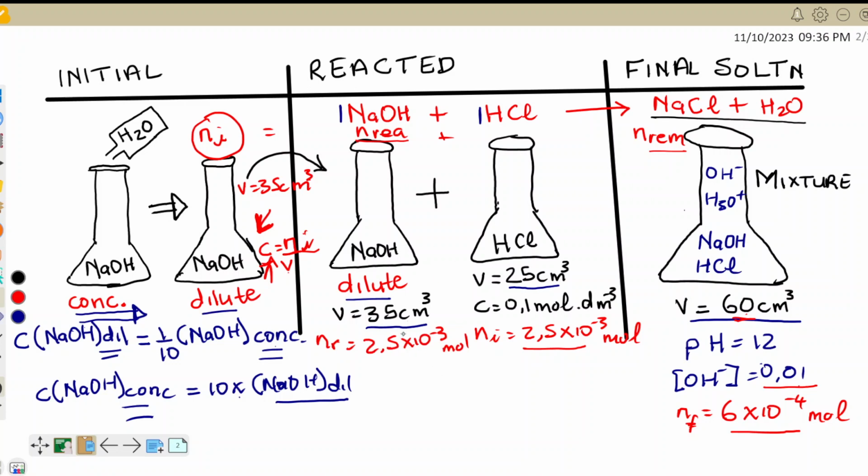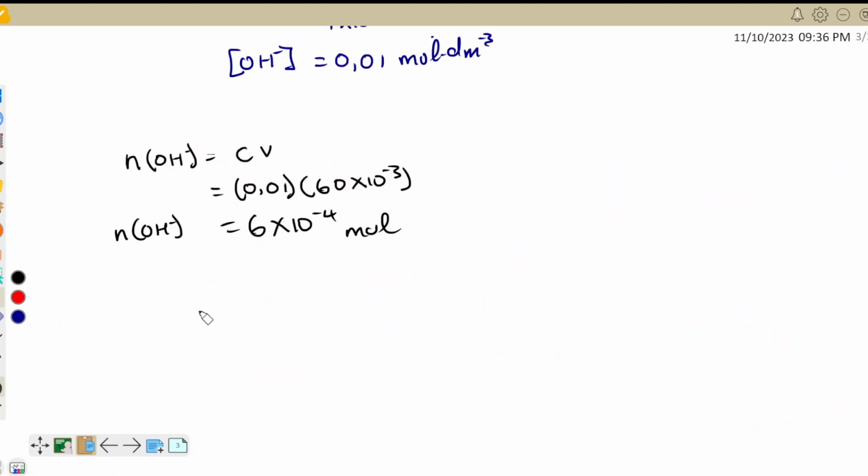So the number of moles is 2.5 times 10 to the power negative 3, because the ratio is 1:1. So to find the number of moles in the initial volumetric flask, we add these two. So the number of moles initial for the base, which is in the dilute solution, is the number of moles reacted plus the number of moles in the final.